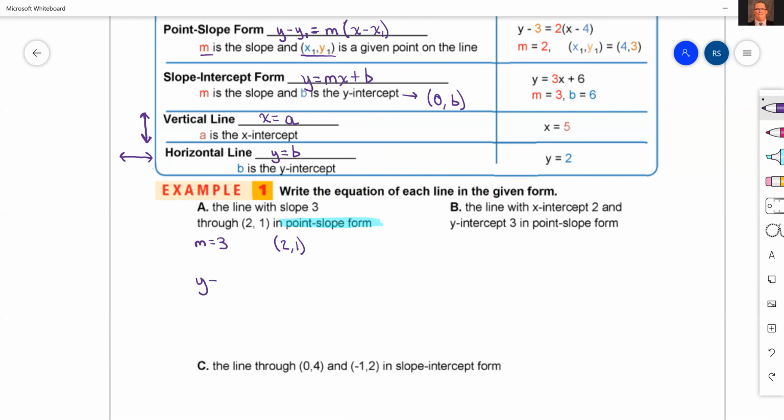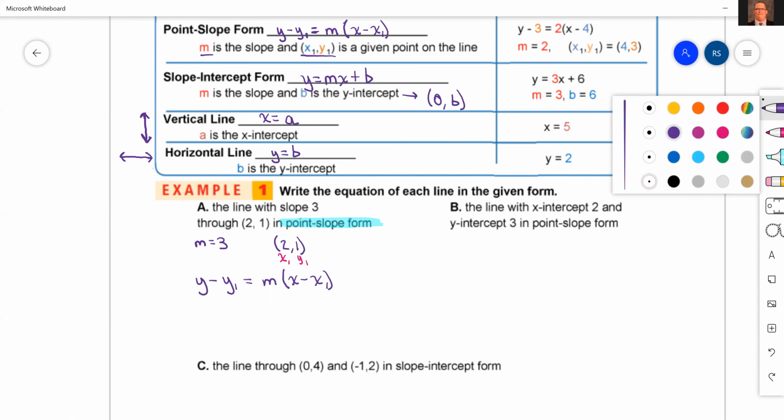We have y minus y1 equals m times x minus x1. Well, we know our m is 3. Our point is x1, y1. So now we can just go through and plug in.